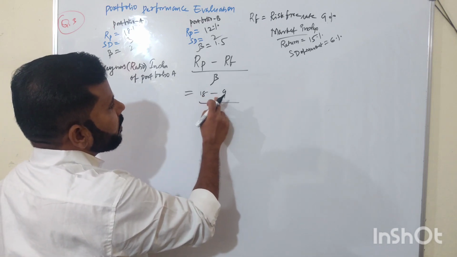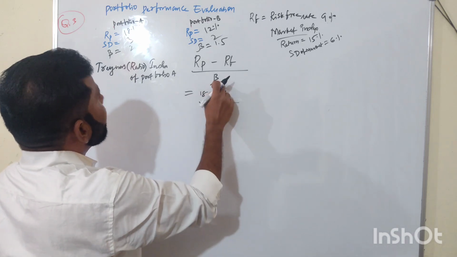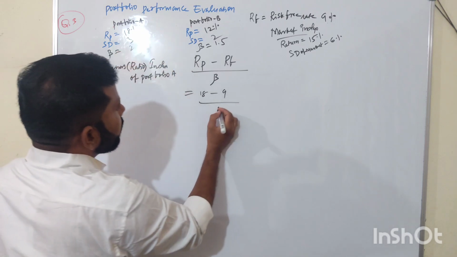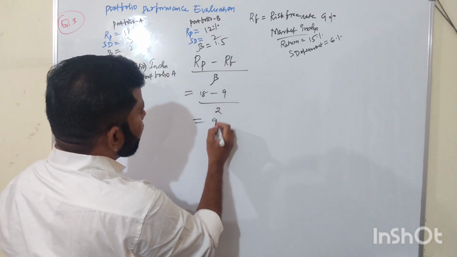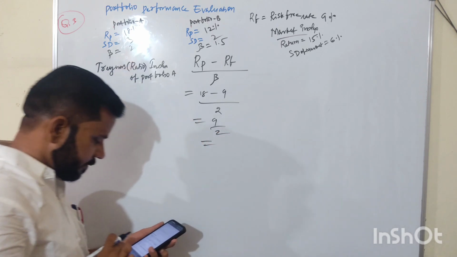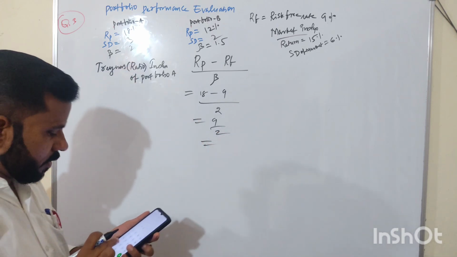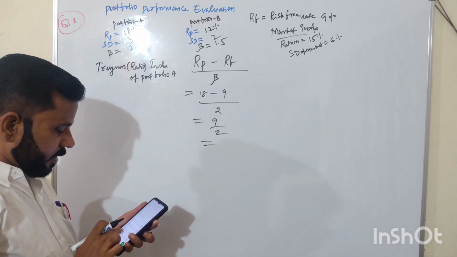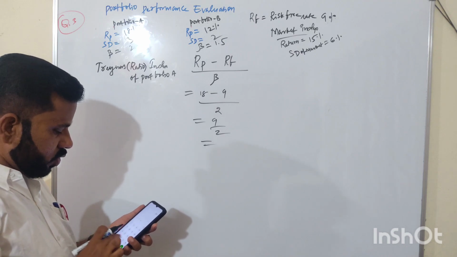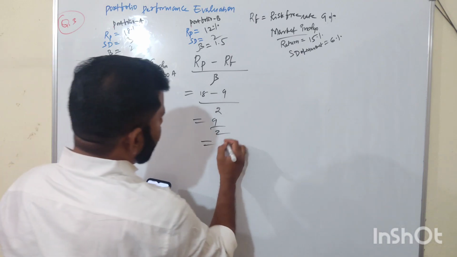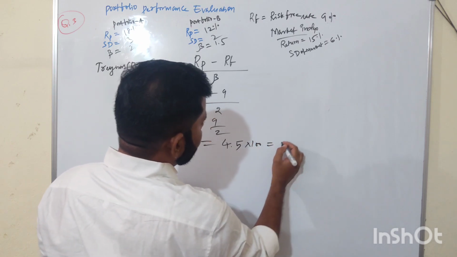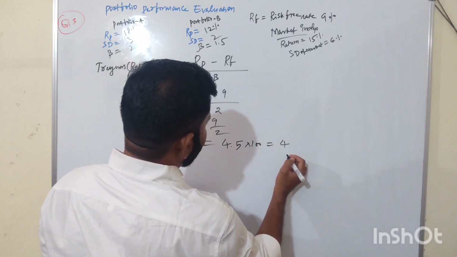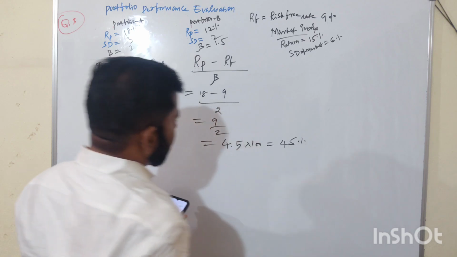Okay, 18 minus 9 divided by, what is the beta of portfolio A? 2, it is given 2. Then 18 minus 9, 9 divided by 2. What is the answer? 4.5, I think. 9 divided by 2 is 4.5. If you multiply by 100, we'll get it in percentage, 45%.